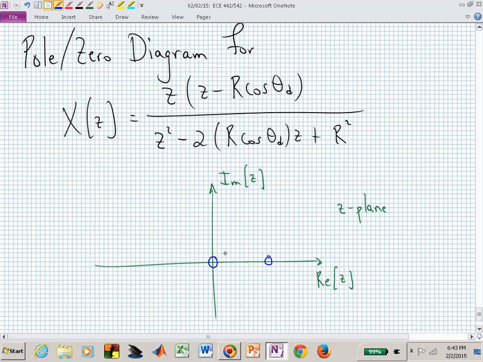Maybe I will tell you to prove this to yourself, that the poles are here and here, where this distance is r away from the origin, and this angle is theta sub d, meaning this distance is r cosine of theta sub d.